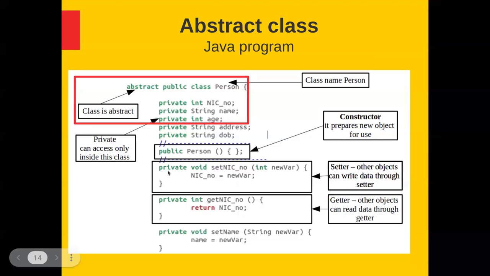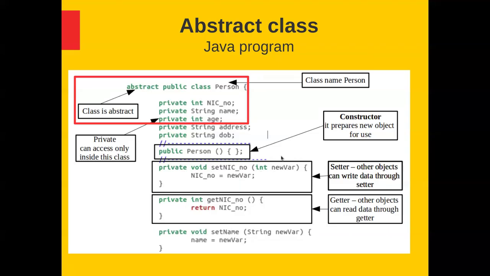methods. This is a private void setNICNumber. If you want to enter data, you can access it using this method: int newVar, NIC number, newVar.